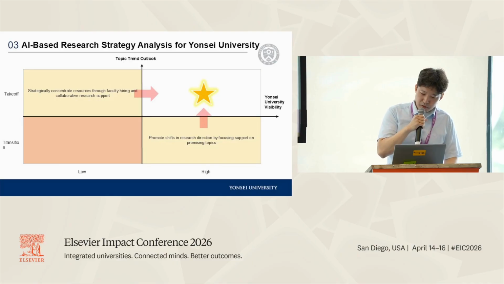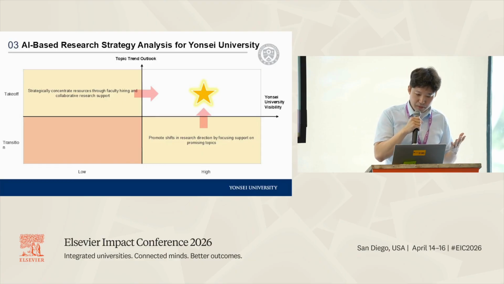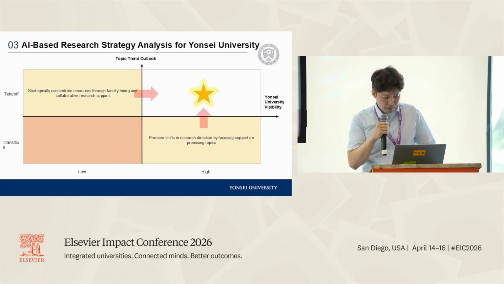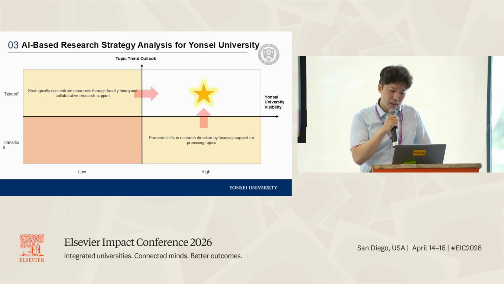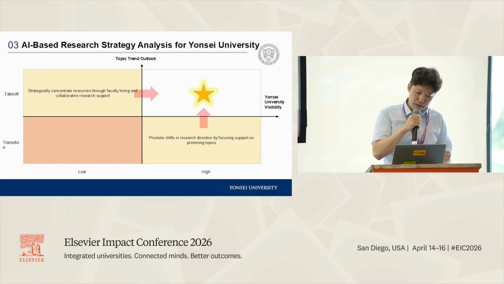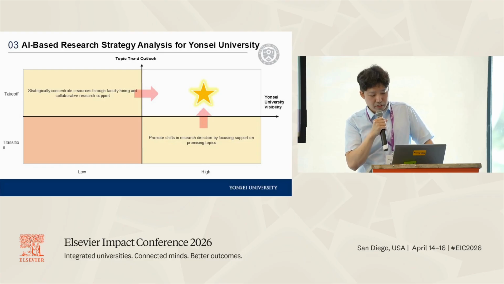Here, the first quadrant is our ideal position. Yonsei is already excelling in highly promising takeoff stages. And the third quadrant is also acceptable since Yonsei has zero presence in topics that are naturally entering transition. So the real strategic value lies in the second and first quadrant.